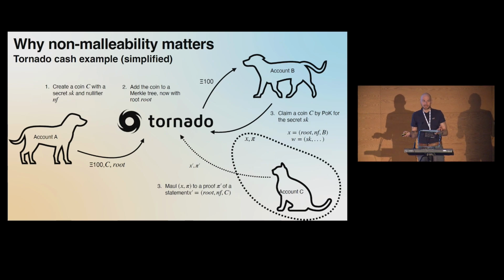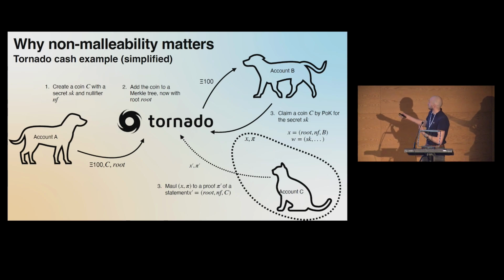So more precisely, it makes a proof of knowledge for X being the current root of the Merkle tree, the nullifier NF, which is revealed and used to prevent double spending attacks, and some value B, which tells where the funds from the mixer should go to.